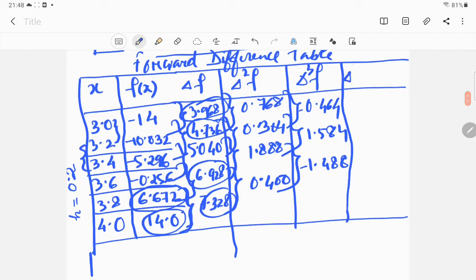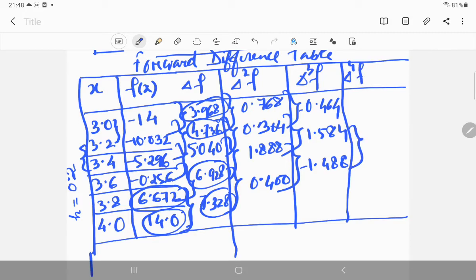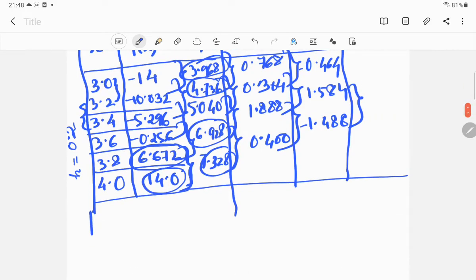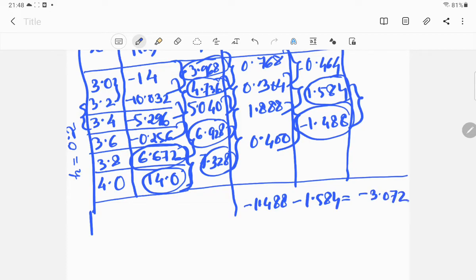Now we need to get the fourth order difference. For that again I need to subtract these two. I need to subtract 1.584 from minus 1.488. Obviously it is going to be a negative number, so it is minus 3.072.